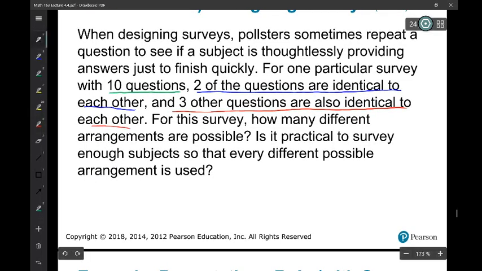Well, we have 10 total. And then we have 2 repeated possibilities. So keep this color coding scheme. N1 equals 2 possibilities, 2 repeated possibilities.